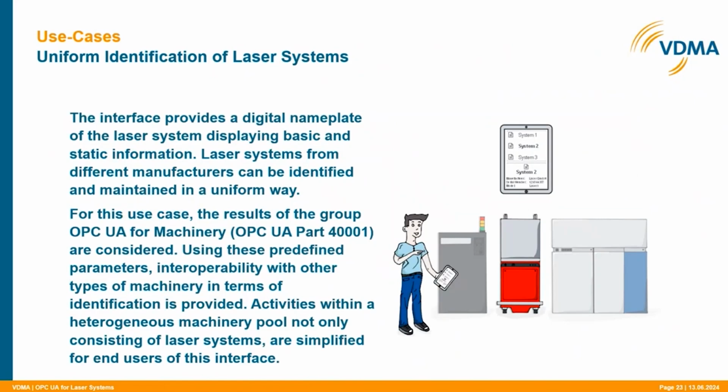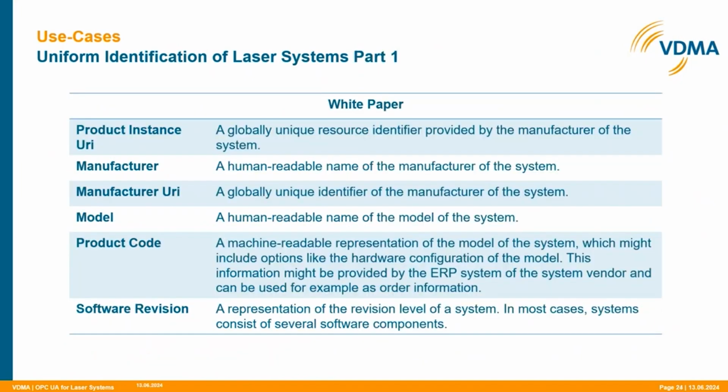For the use case uniform identification of laser systems, the use case provides a digital nameplate of the laser system displaying basic and static information. Activities within a heterogeneous machinery pool, which not only consists of laser systems, are simplified for end users of this interface. The parameters in the next two slides are predefined by OPC UA for machinery.